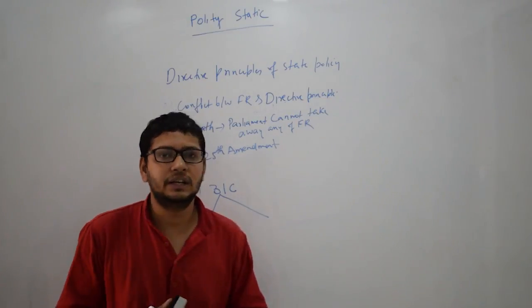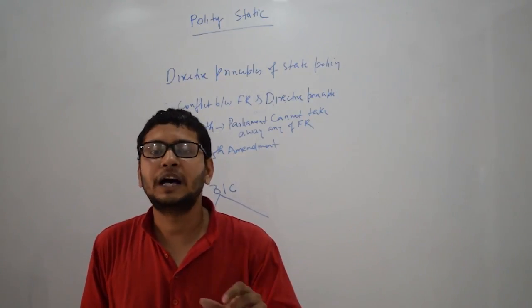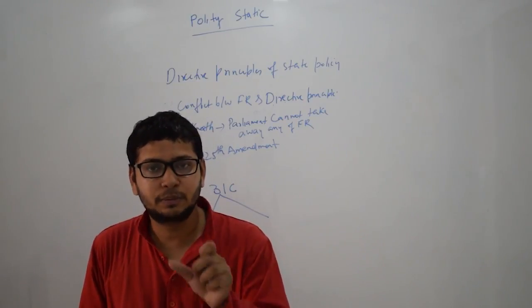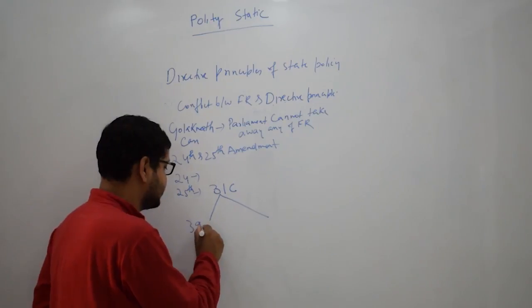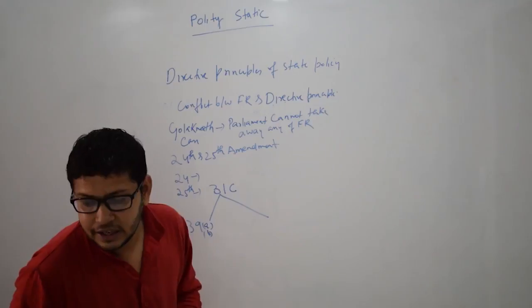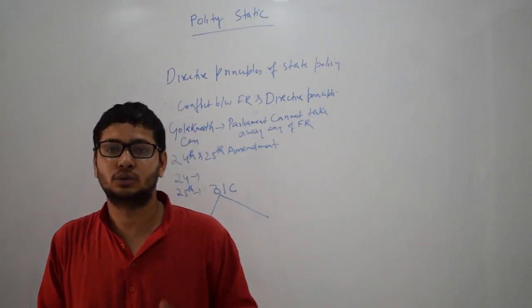So, to understand it easily, it said that no law passed by the Parliament to implement the socialist principles mentioned in Article 39A and B will be void. What do Article 39A and B say? That there should be equitable distribution of material resources.